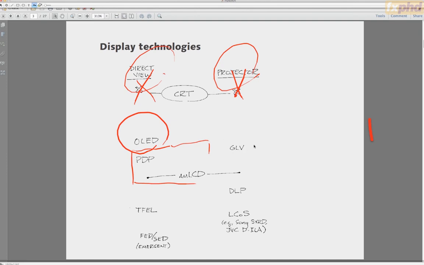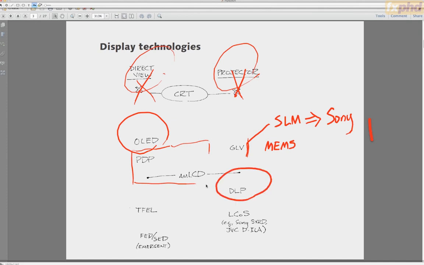For projection, there was a technology called grating light valve, originally developed and commercialized by Silicon Light Machines. Well, I shouldn't really say commercialized, because before commercialization, the technology was sold to Sony. And it's apparently parked, not in use. It's a micro electronic mechanical machine. It's a MEMS technology like DLP, but not commercially available.